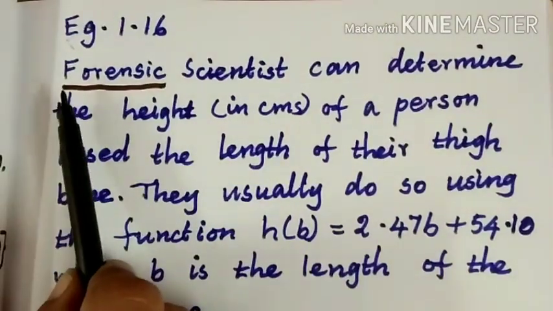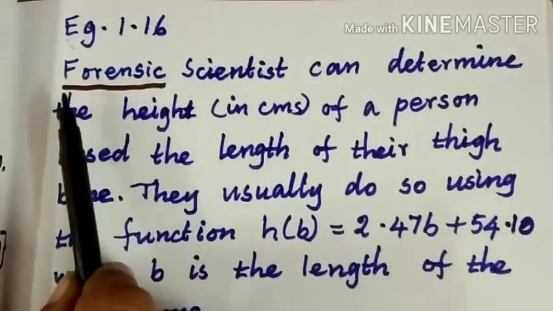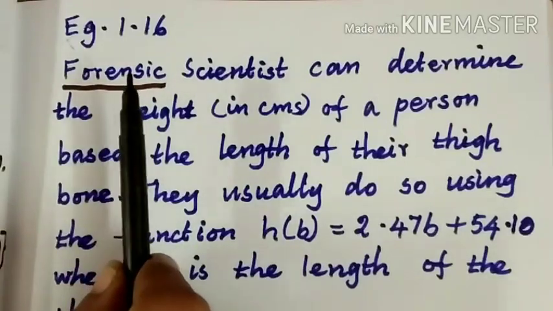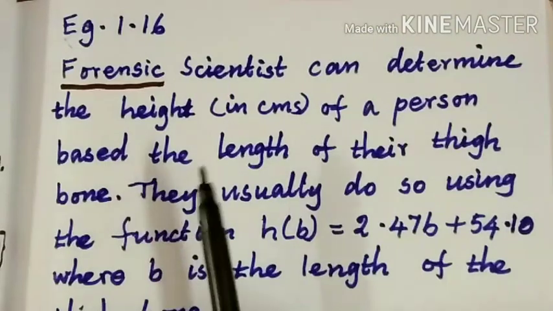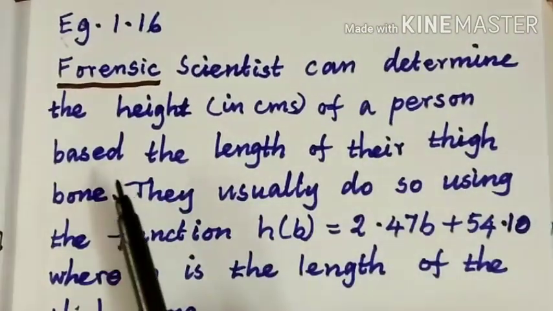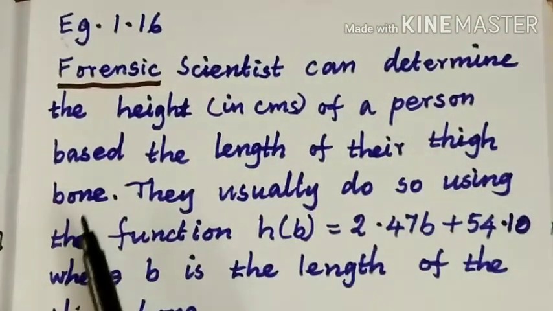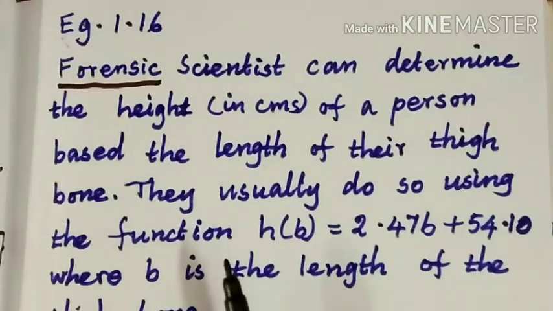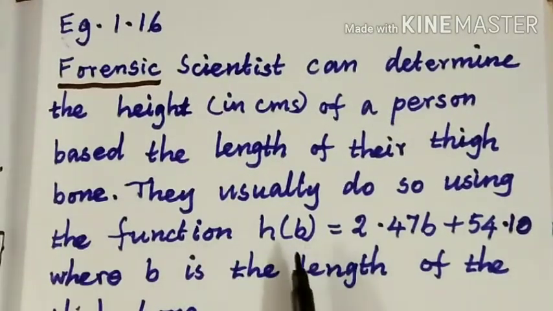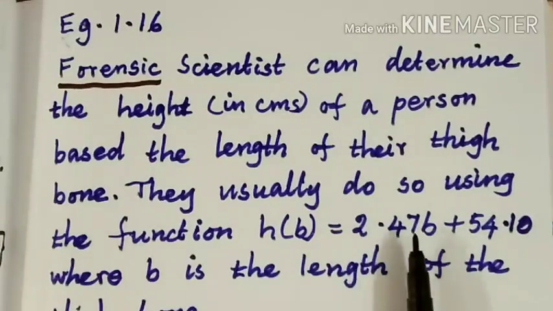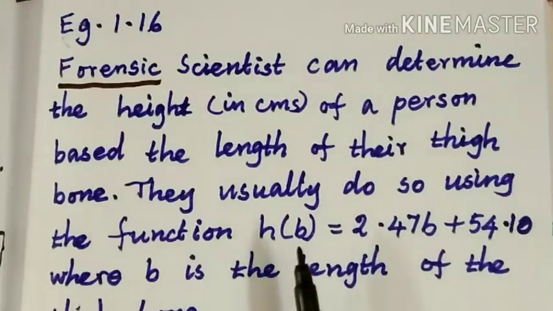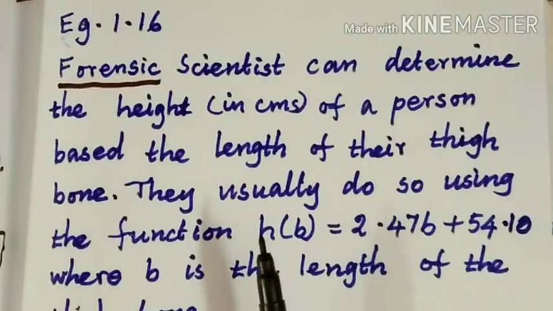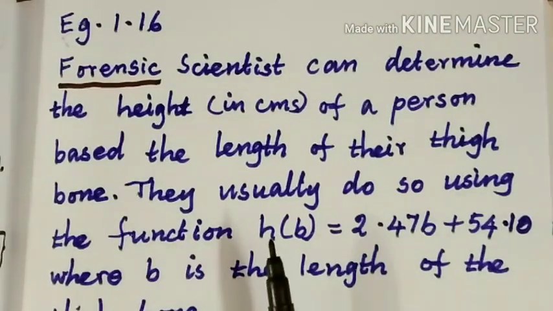Here the word forensic means scientific method for solving crime. They find height of a person based on the length of their thigh bone. In this question, given function is h of b equal to 2.47b plus 54.10. Then b is the length of the thigh bone and h is the height of a person.